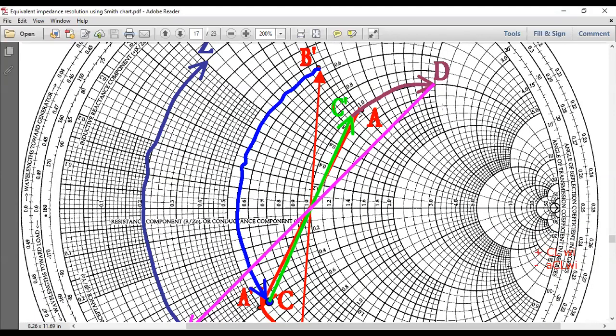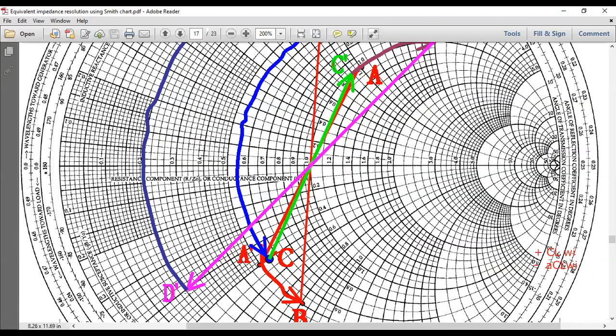Now again we have to convert D to D dash, and the last point is plus 0.9. Plus 0.9 means clockwise or anti-clockwise? Clockwise.